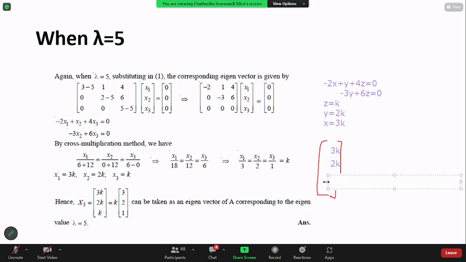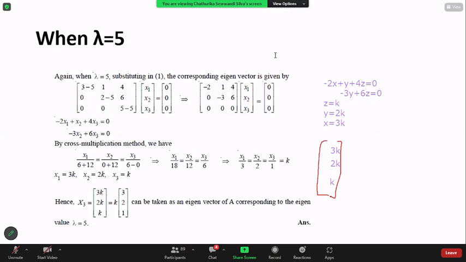Finally, Z is K. So again, if you take K out here, you will end up with 3, 2, 1. The vector is 3, 2, 1. Column vector with 3, 2, 1. So now, for all the three lambda values, we have found the three vectors corresponding to each lambda value. We found the eigen vectors for all three lambda values.